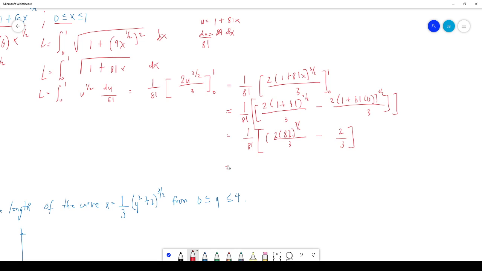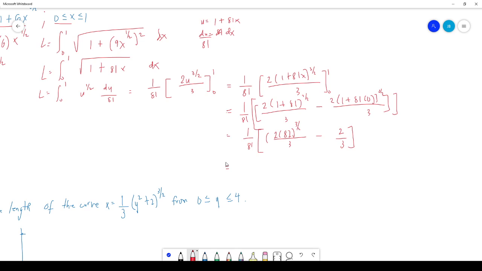So, let's try. 3 halves minus 1 over 81. Okay, so it cannot be.